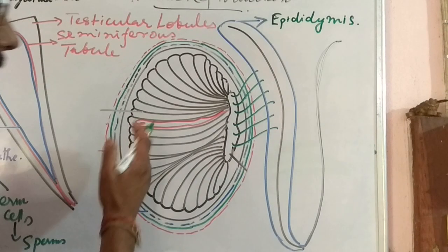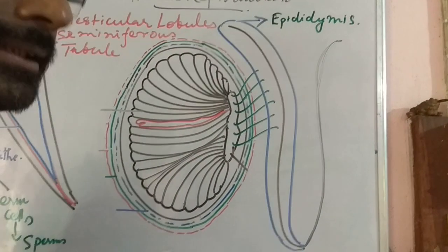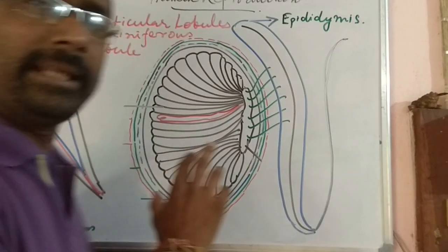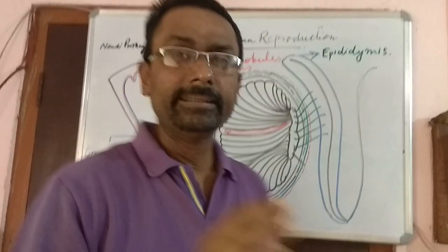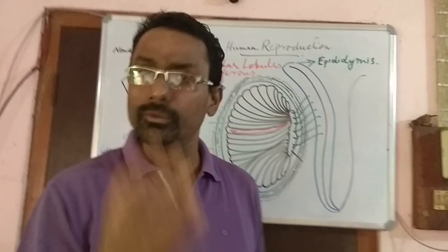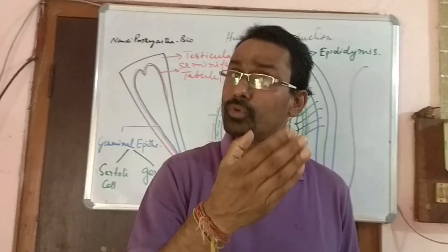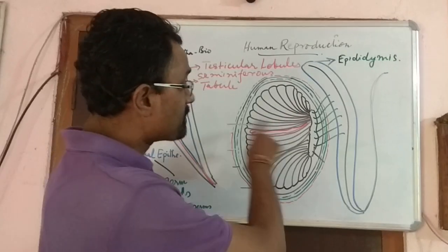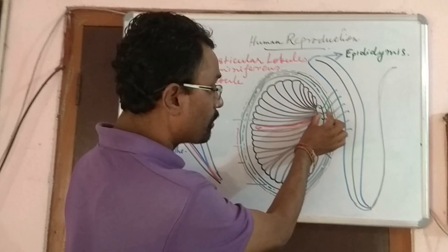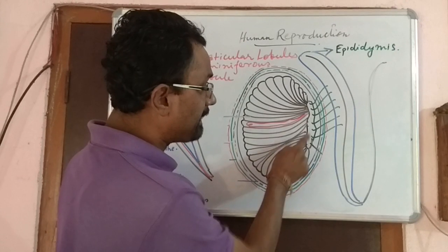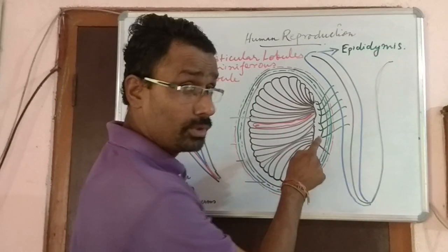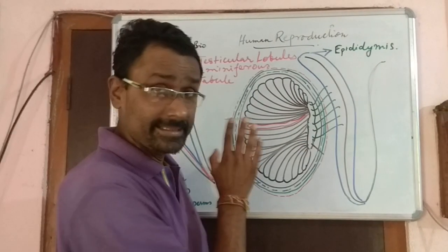Now we have to go a little bit back to whatever we have done earlier. What is happening now? We find that the seminiferous tubule has germ cells, which produce sperm. Sperm comes out from there and for a small duration of time takes rest in this irregular body, which I told you is the rete testis.